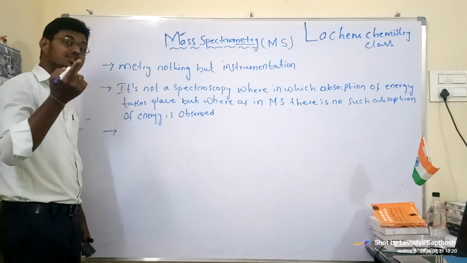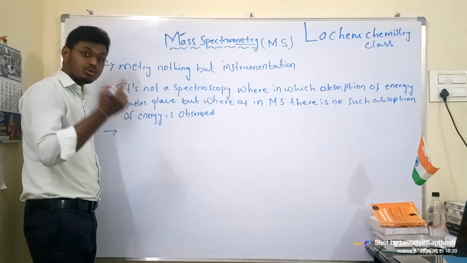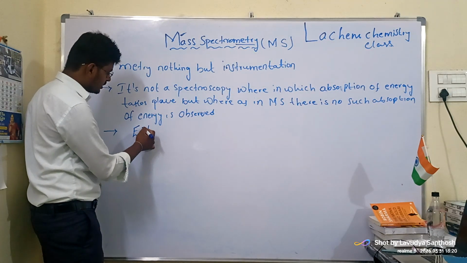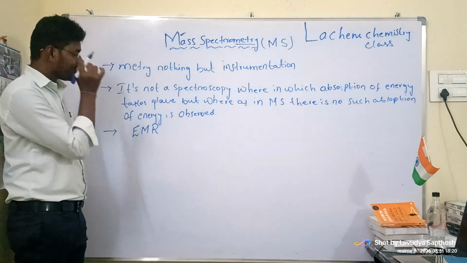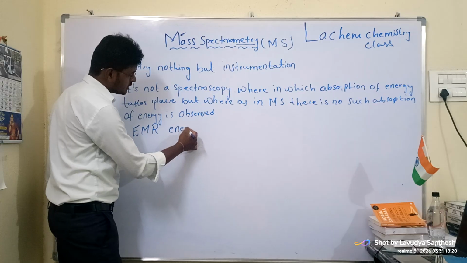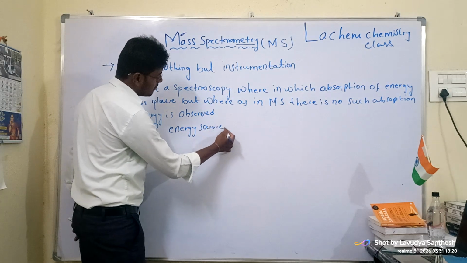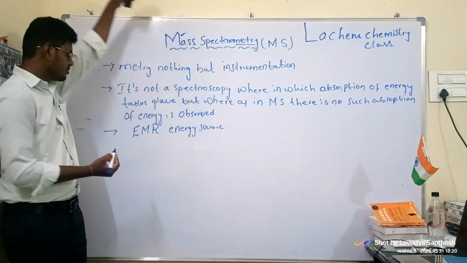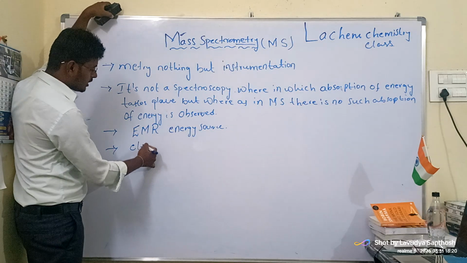Now in other spectroscopies like UV or HNMR, there is a utilization of electromagnetic resonance energy. Electromagnetic resonance spectroscopy, there we use this as the energy source. But whereas in this, we use electron beams.